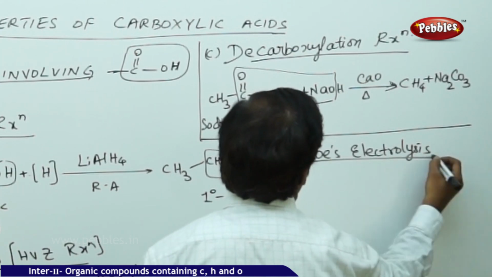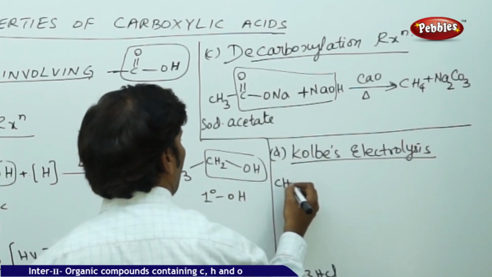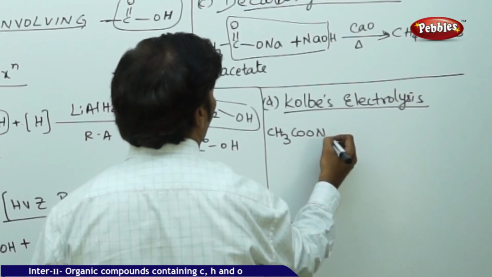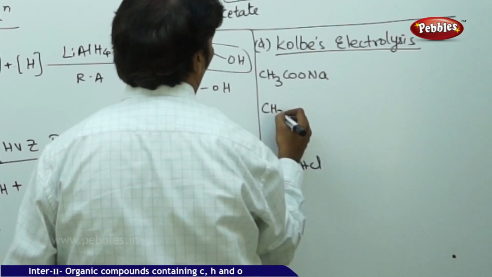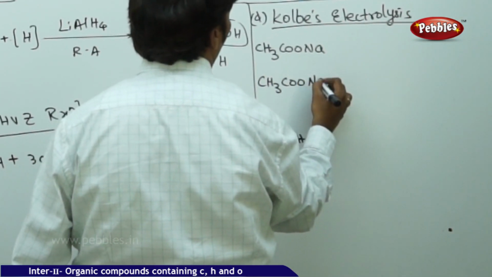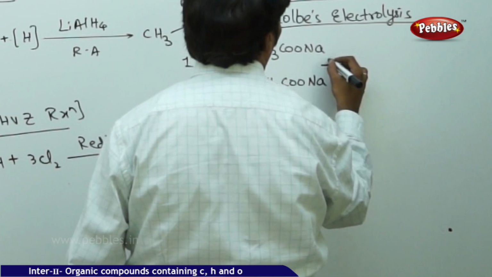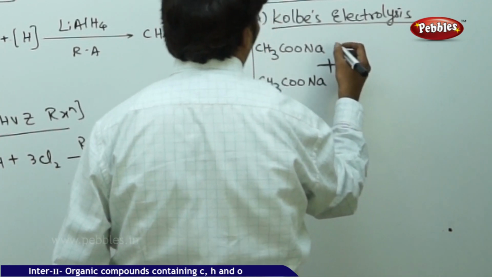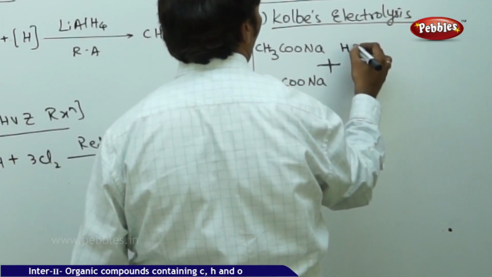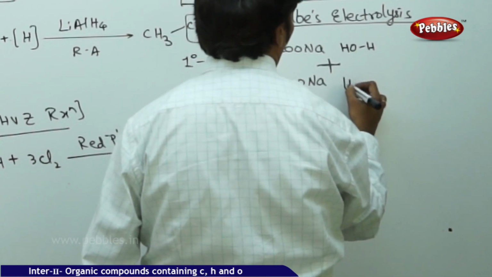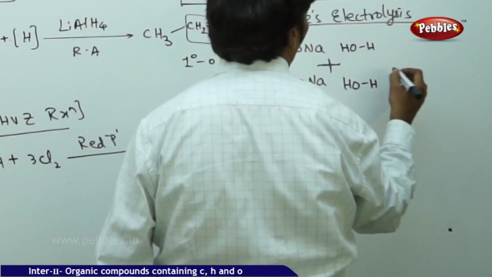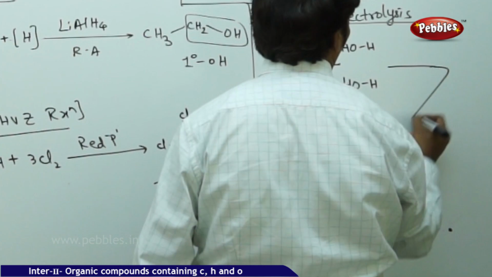If you go for Kolb's electrolysis, take 2 molecules of sodium acetate, and you add here 2 molecules of water, subject it to electrolysis.